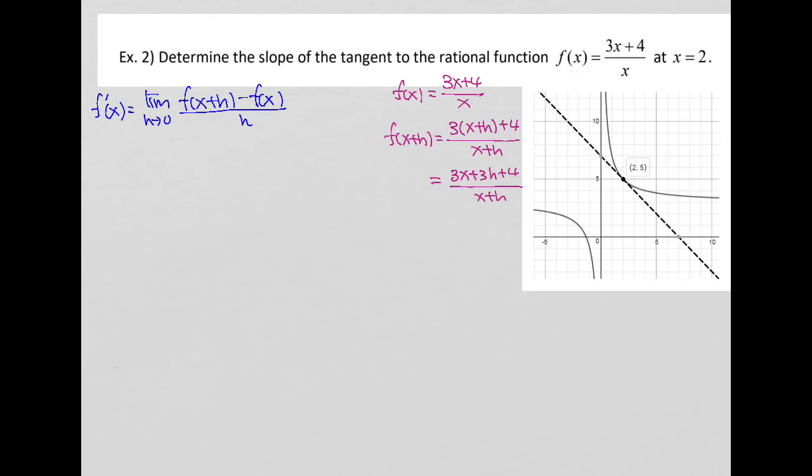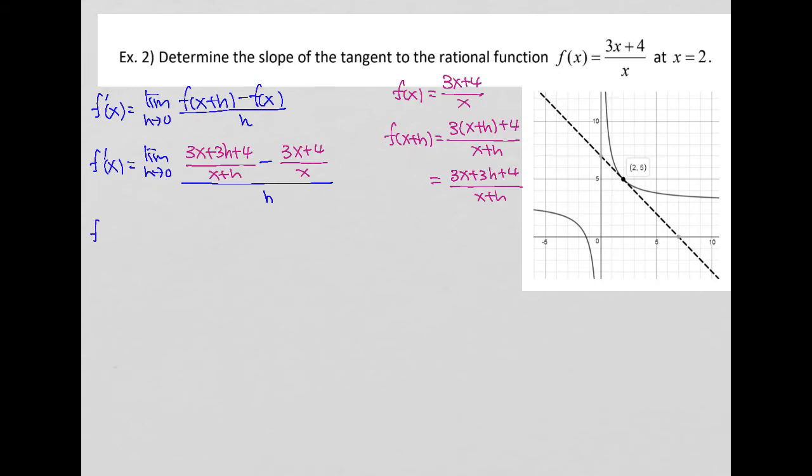And we are going to substitute the f of x plus h into the function. So 3x plus 3h plus 4 over x plus h minus 3x plus 4 over x, and divided by h.